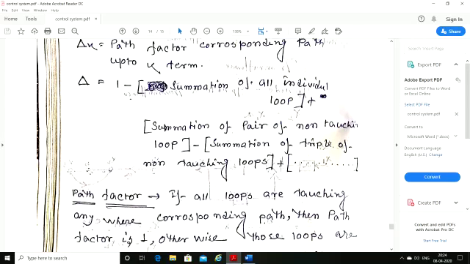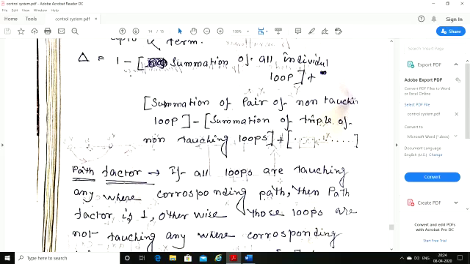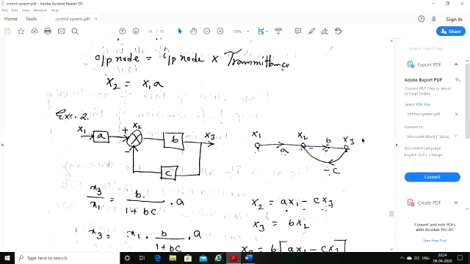Okay, now I will tell you what is a path factor. Path factor is where all loops are touching anywhere corresponding the path. We know what is a forward path. Forward path means these are the x1 to x3. This path is called forward path. x1 to x2 and x2 to x3. These are starting point and these are finishing point.